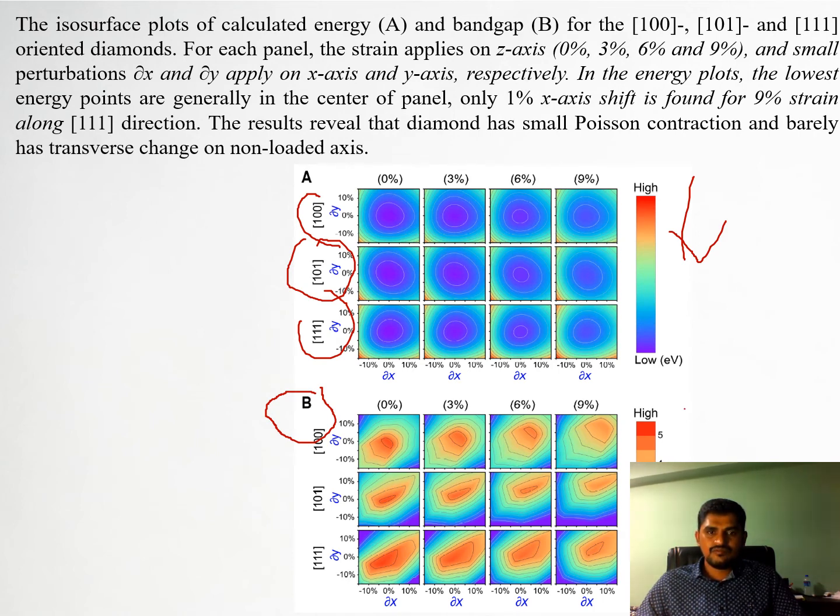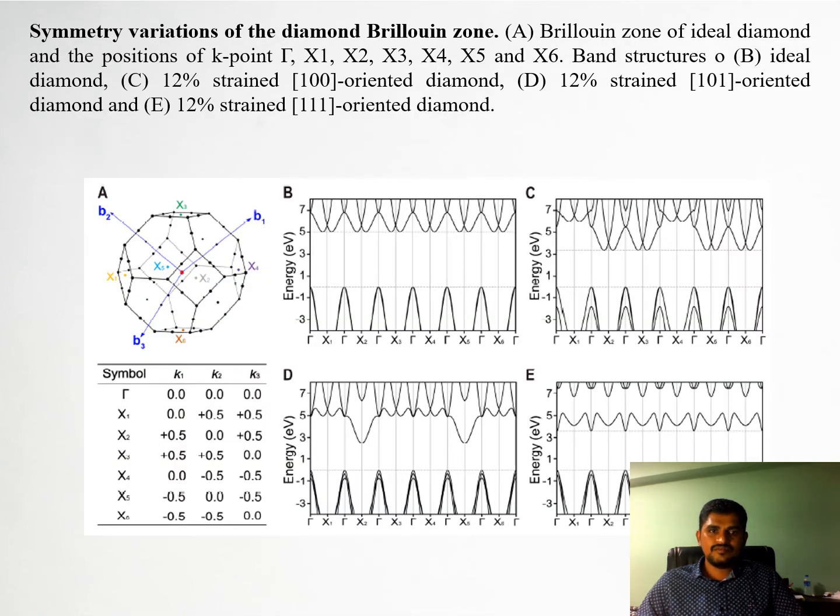You can see from high to low how it's showing, and this is the symmetry variation of diamond in billion terms. You can see from A to E how it shows the values. The maximum strain in the different orientations is 12%.